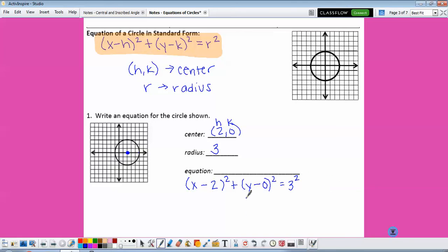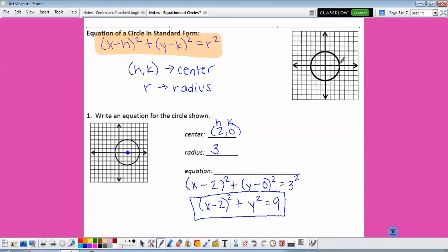So we're going to simplify the parts we can. (x minus 2) squared, there's nothing we can change there. y minus 0 would just be y, so this is just going to be y squared. And 3 squared is 9. So that's the equation of our circle.